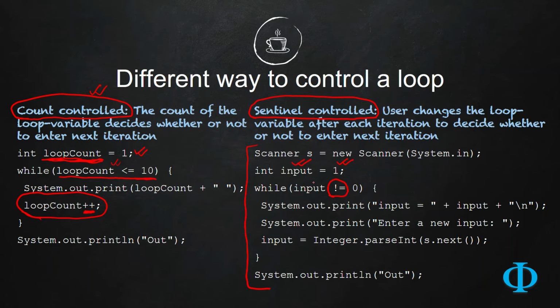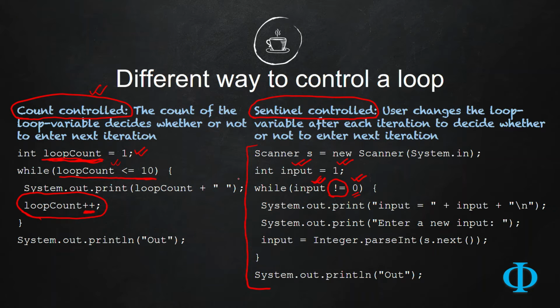That is whether the value of the loop control variable is not equal to some specific value. In this case, it is 0. So it means that loop will continue until the value of input is equal to 0. So that is the meaning.